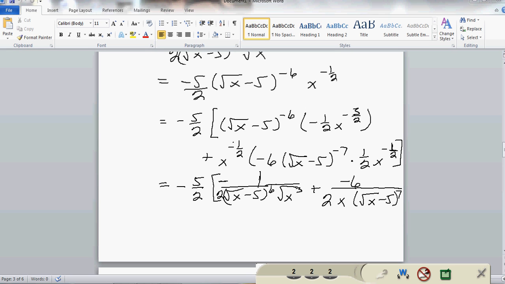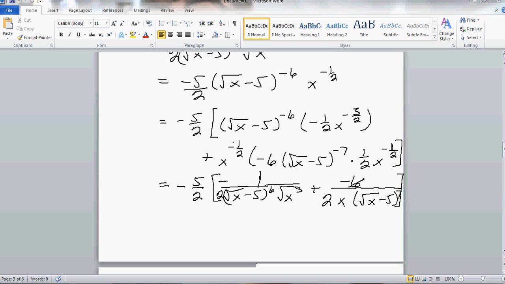Now the only thing left is to actually distribute this -5/2 and simplify a little bit, because the -6 and the 2 will simplify to a 3.